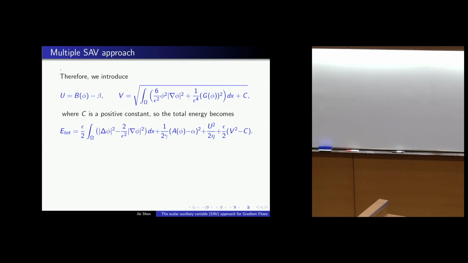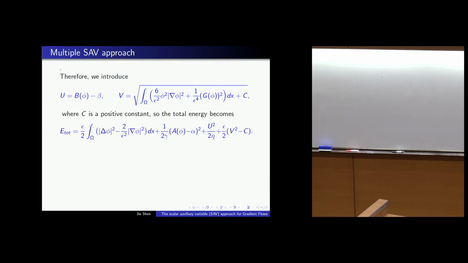So I have two SAVs now, one is U, one is V. V now only includes the part from the bending energy. You don't want too many small parameters in one SAV. And then the total energy can be represented by the linear part here plus the nonlinear part.